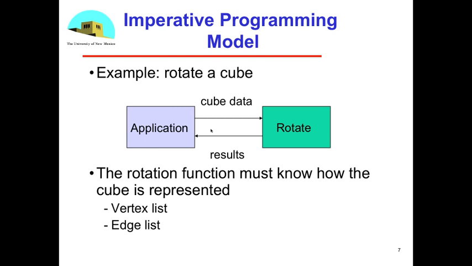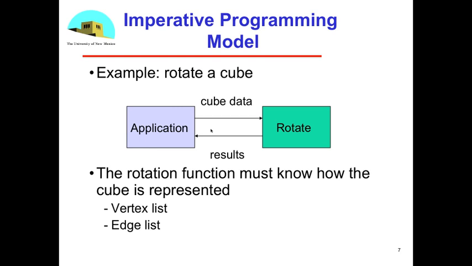But in order to do the rotation, we would have to know exactly how that cube is represented, and the code we would have would be very, very different if the cube was represented with a vertex list than if it was represented as an edge list. And that sort of violates everything that you've all studied about object-oriented programming.